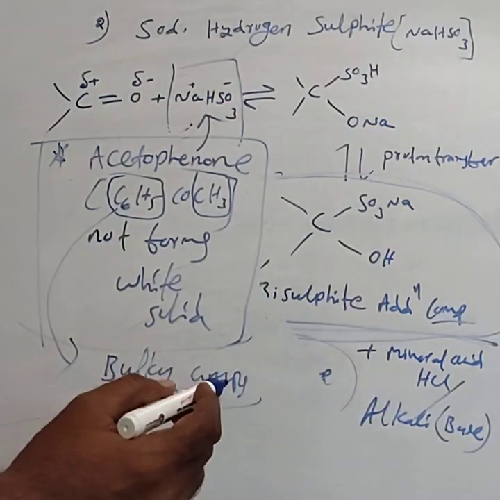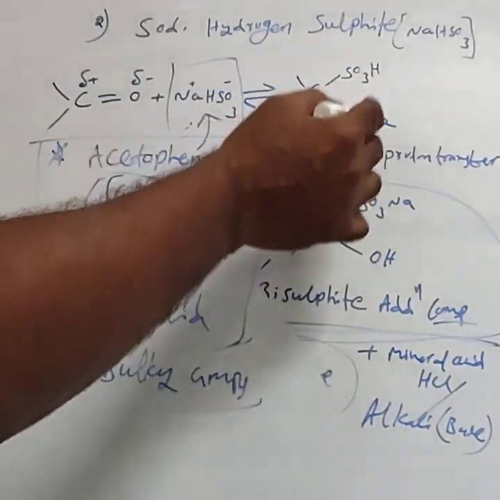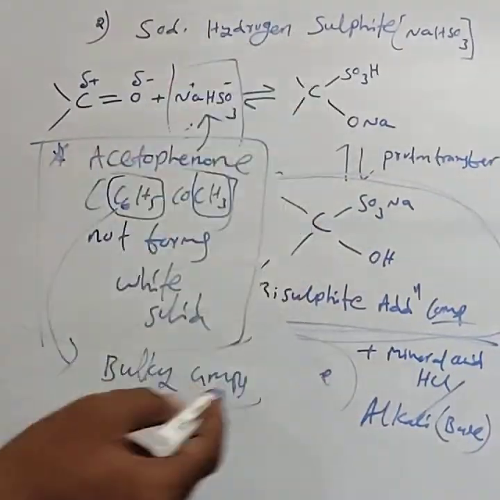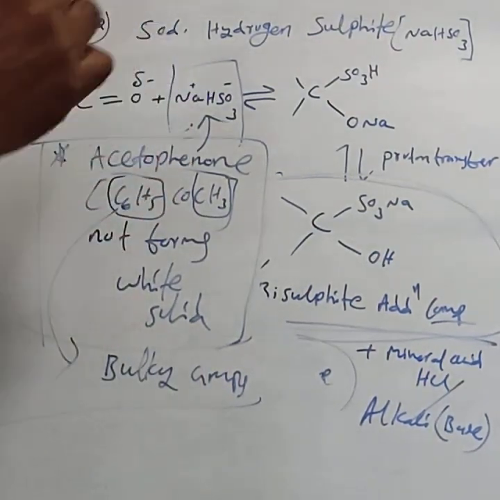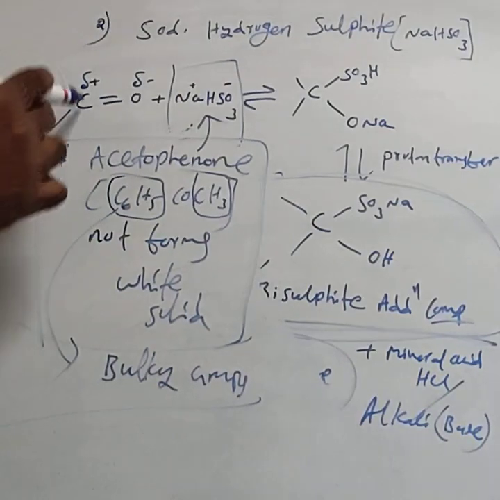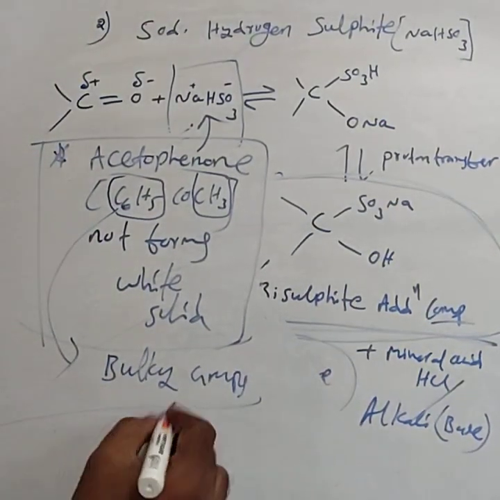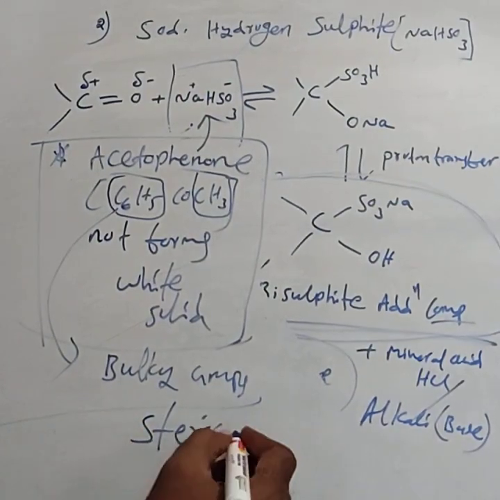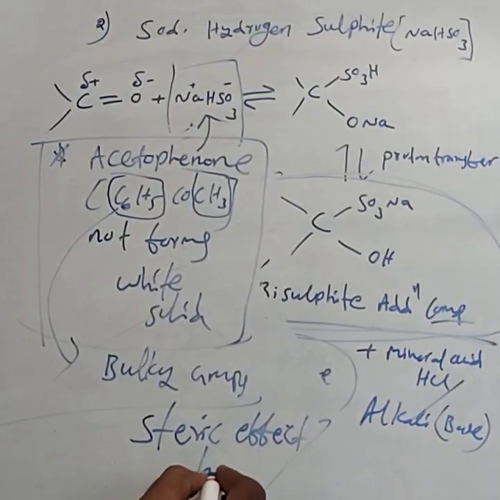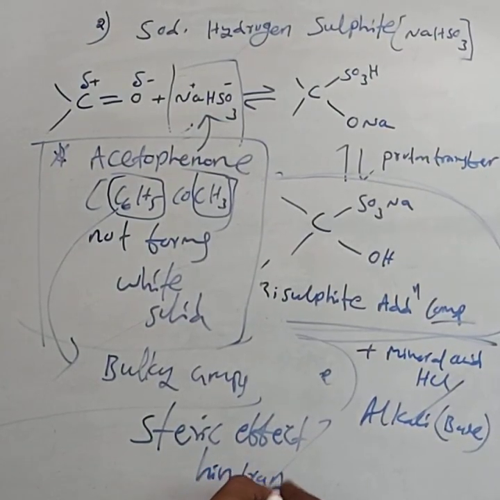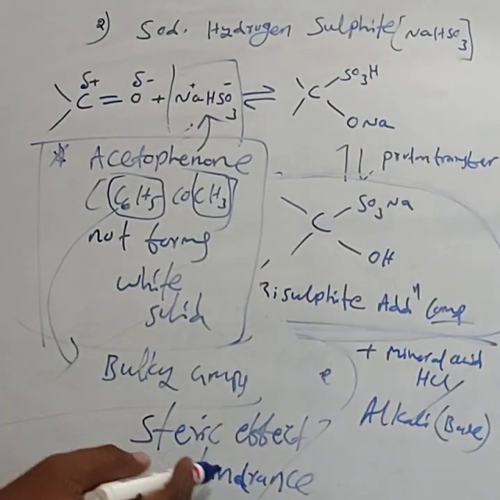These bulky groups do not provide the space to add the nucleophile to the carbonyl carbon. This is called steric effect or steric hindrance. Hindrance means they do not provide the space.